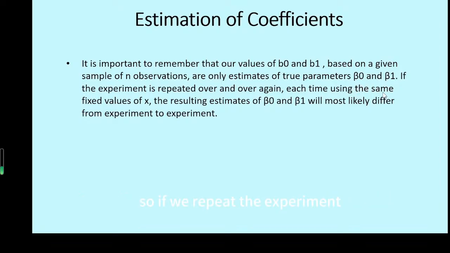So if we repeat the experiment again, we may not get the same values of b0 and b1. Which means b0 and b1, the estimates of the coefficients, or say the estimators, are random values. They both are random values.